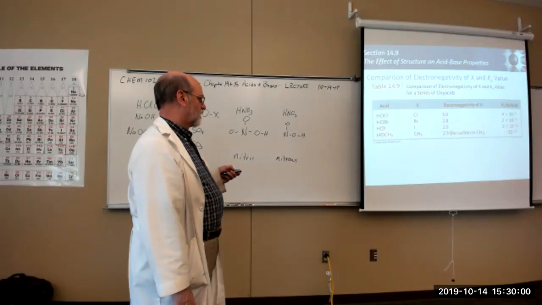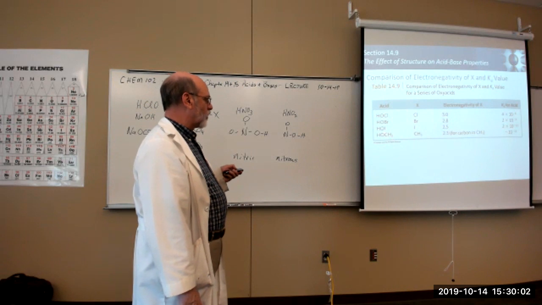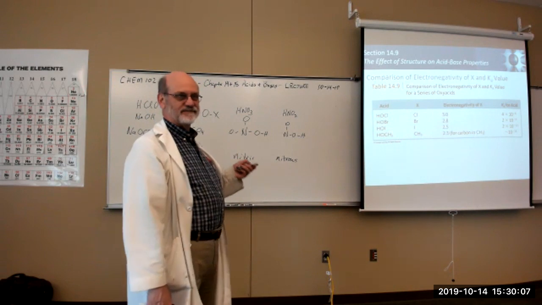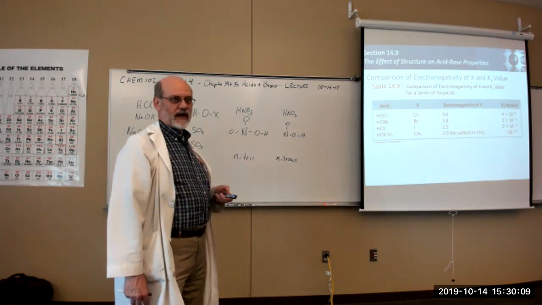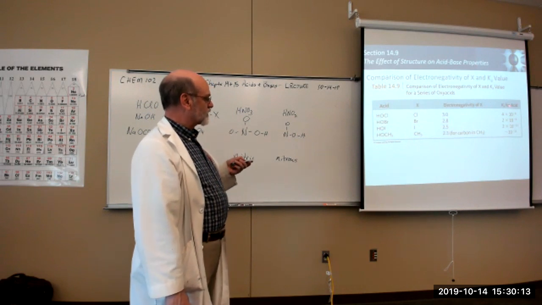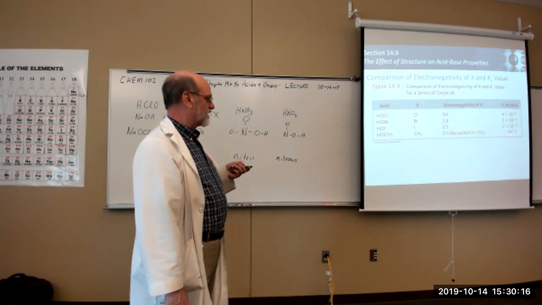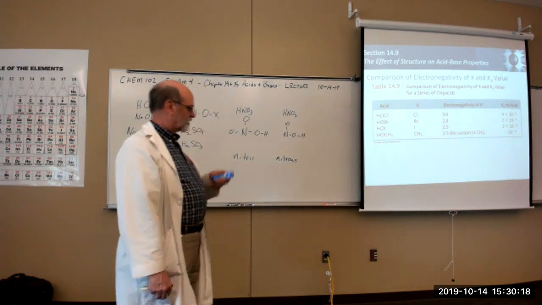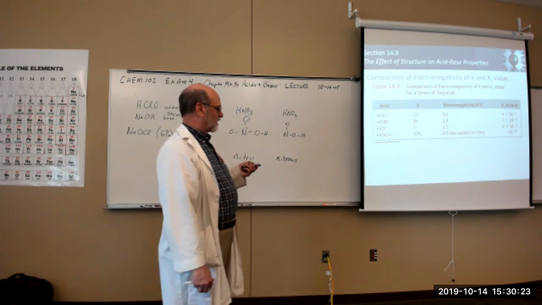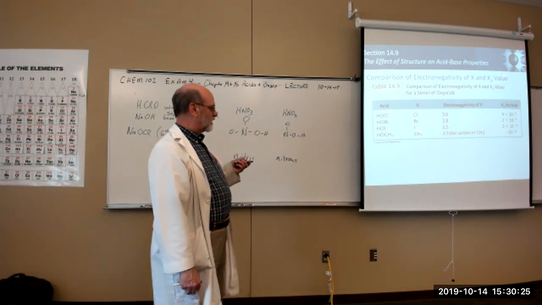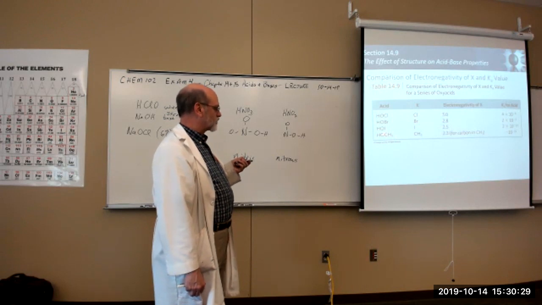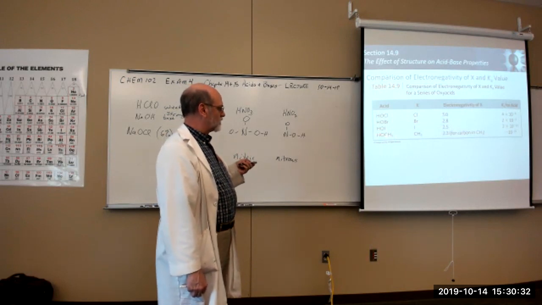Now this one, there's virtually no electronegativity involved here. This is methanol, right? Wood alcohol, the kind you can't drink. And its Ka is estimated at 10 to the minus 15. So in one respect, it can be considered an oxy acid, but the contribution to the bond strength between O and H is virtually nothing.